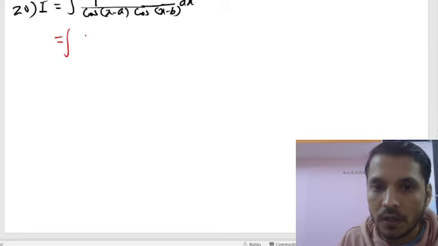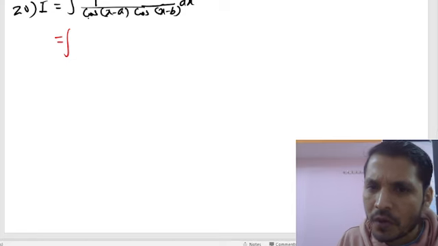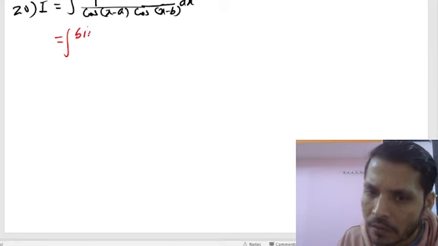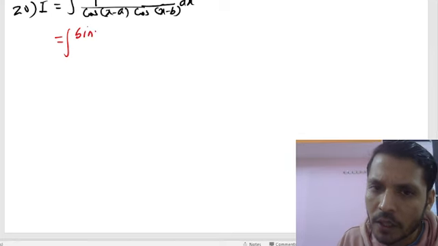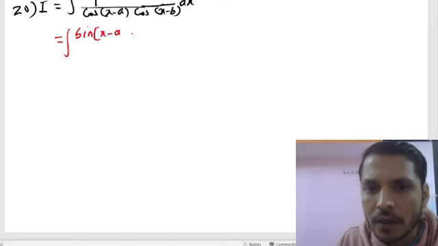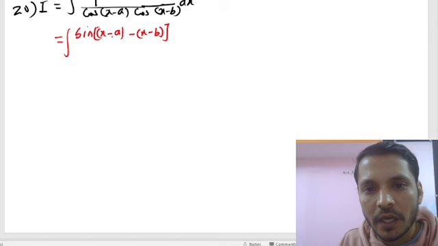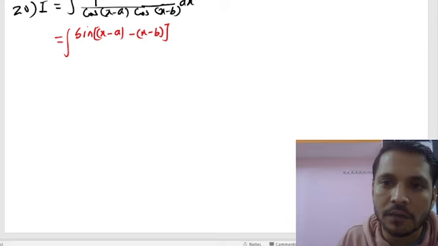What we can do in the numerator, because we want cos and cos to cancel, if we apply the sine compound angle formula, we can write sin of x minus a minus x minus b. Then x and x cancel out, it is b minus a, so the extra thing is there, and that extra we will divide.